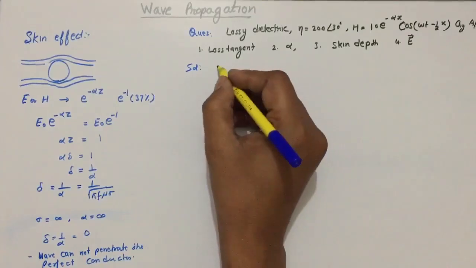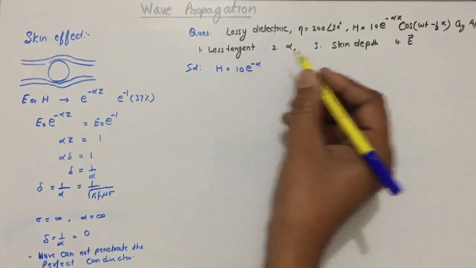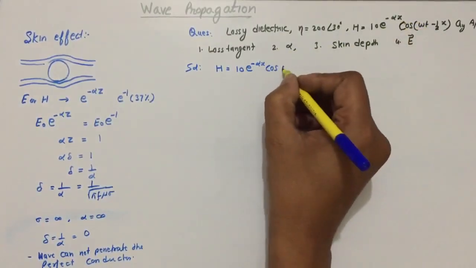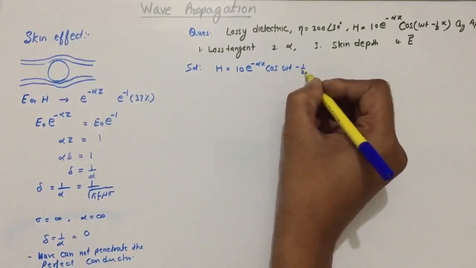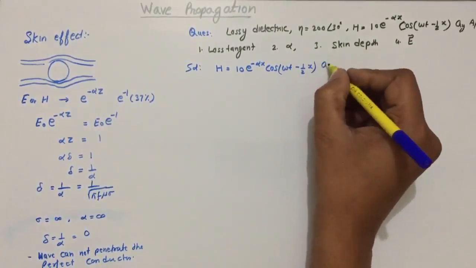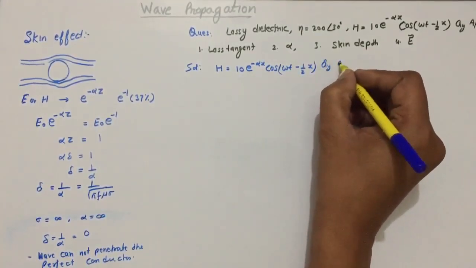So we have H is equal to 10 e to the power minus alpha x cos(omega t minus half x), the direction of the propagation of the wave is x, and the H component is in the direction of ay.